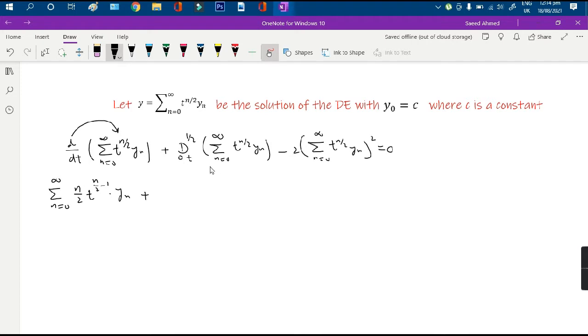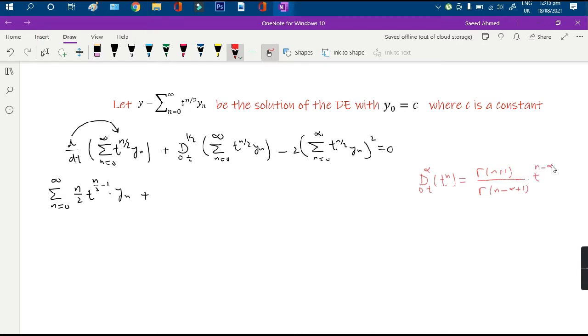Plus, here I need to calculate this Caputo derivative. The formula for the Caputo derivative, as we have seen in previous videos, is D^alpha from 0 to t of t to the power n, which is equal to gamma of n plus 1 over gamma of n minus alpha plus 1, times t to the power n minus alpha.